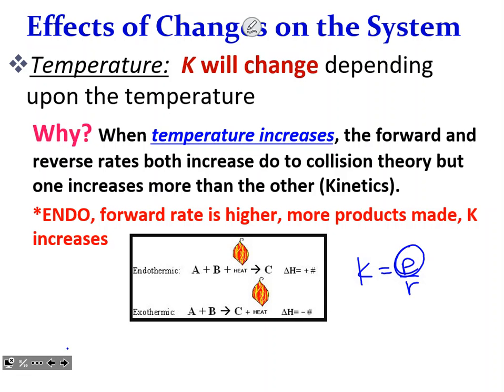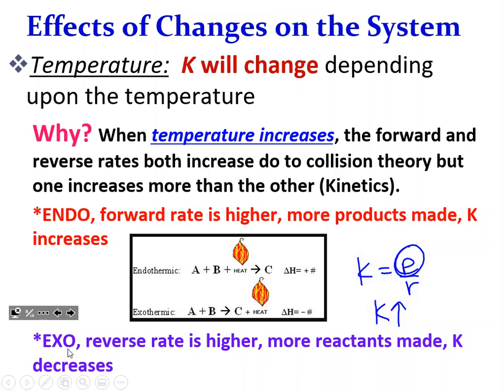If this numerator is getting bigger, okay, that means that the K is going to increase. So go back to that law of mass action. You don't have to put in all of the coefficients and stuff, but in general, if I'm increasing the numerator here, that means my K value is going to go up. So in general, it's products over reactants. Yes, when you're actually calculating it, you factor in those coefficients from the balanced equation.